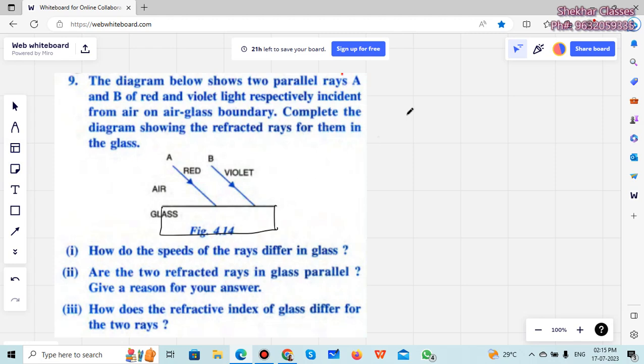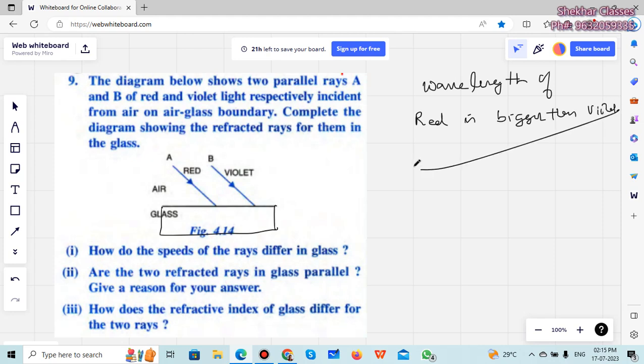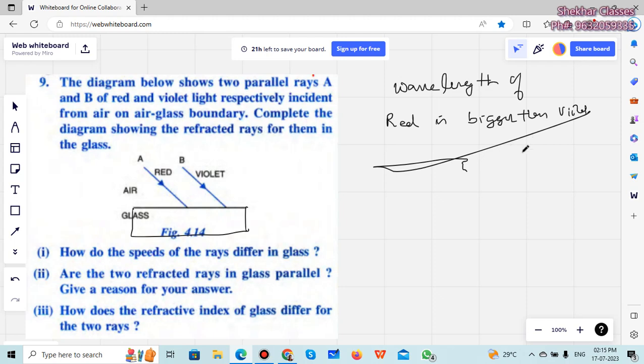So we know that the wavelength of red is bigger than that of violet, right?